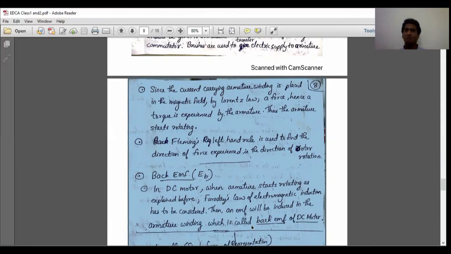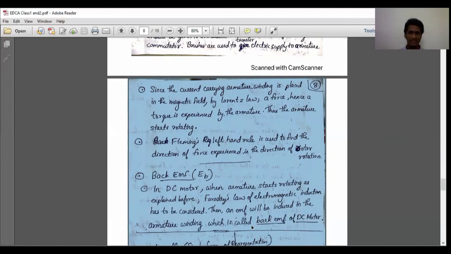That is called back EMF, because it is the process that is occurring at the last stage of the DC motor. The armature has started rotating. Only if the armature is moved in a magnetic field, an EMF will be induced. Whenever there is a motion for the armature which is in the magnetic field, an EMF should be induced in the armature windings.